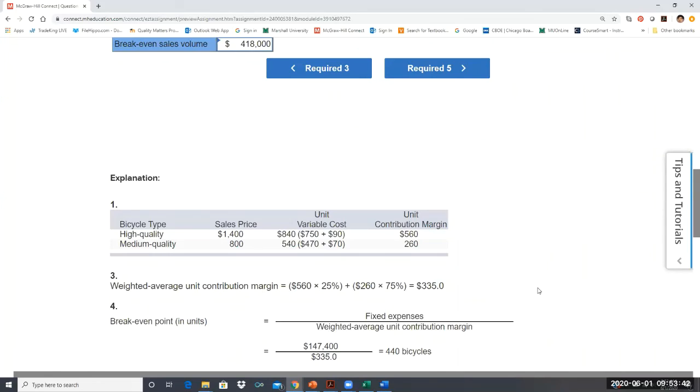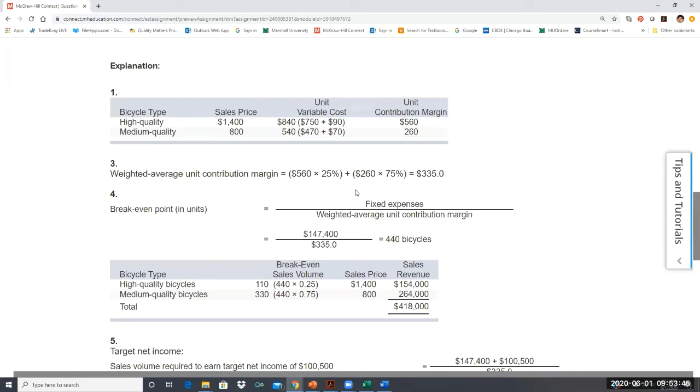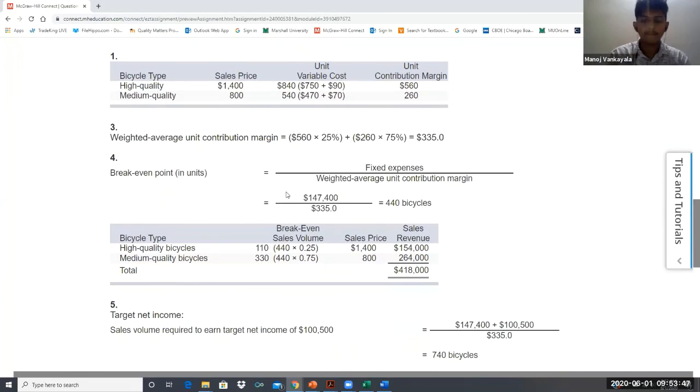Okay, so once you have that, you can compute the break-even point by dividing the fixed cost by the weighted contribution margin. Your fixed cost was 147,400. Your weighted contribution margin is 335, giving 440 bicycles. This is an overall figure. Your sales mix is 25:75, so 25% of 440, which is 110, is your high quality bikes, and 75% of this, 330, is medium quality bikes.